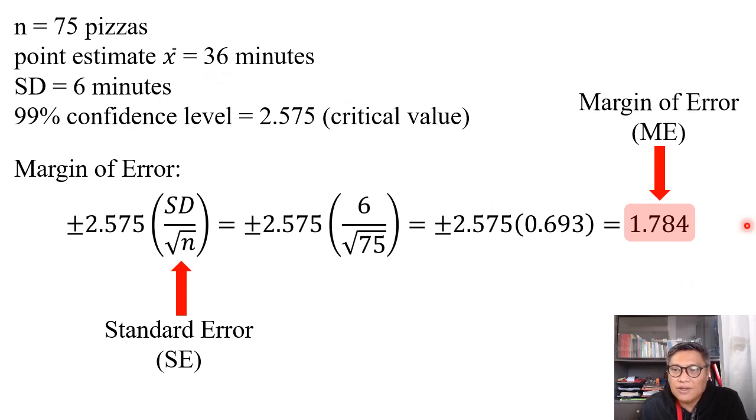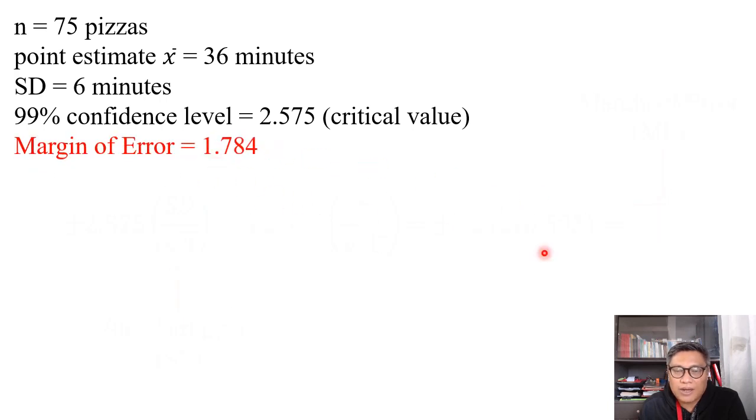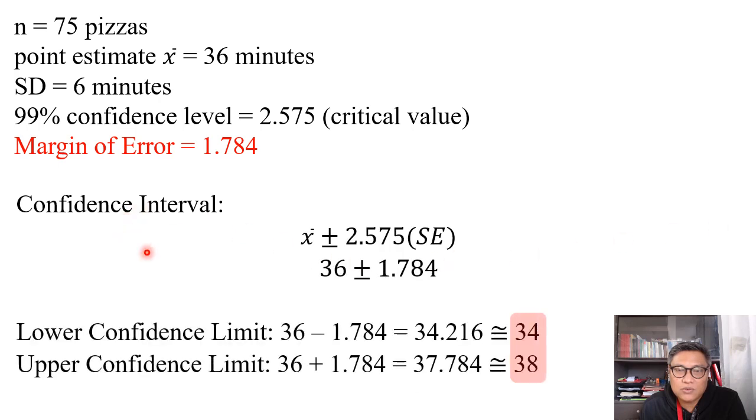Once we already have the margin of error, then we are going to apply this by substituting into the confidence interval formula. So the mean is 36. This is the sample mean or the point estimate, plus and minus the margin of error of 1.784, which we solved.